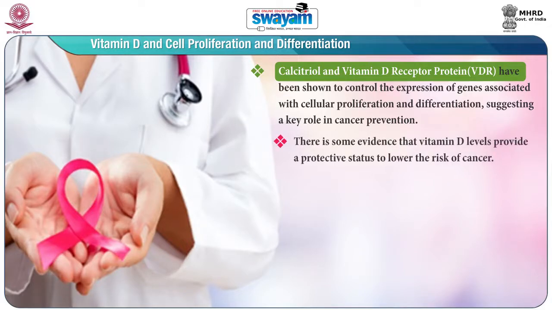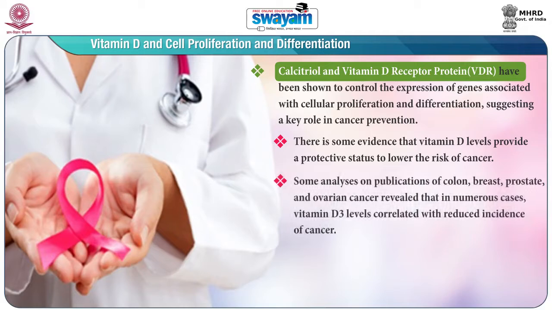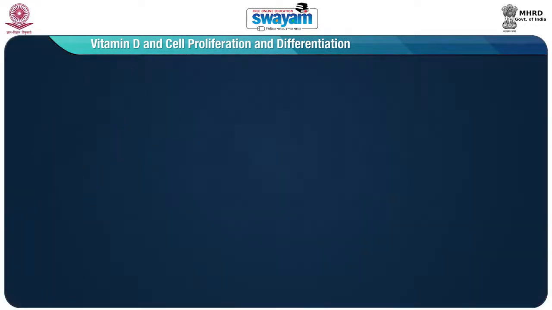There is some evidence that vitamin D levels provide a protective status to lower the risk of cancer. Some analysis on publications of colon, breast, prostate and ovarian cancer revealed that in numerous cases vitamin D3 levels correlated with reduced incidence of cancer.